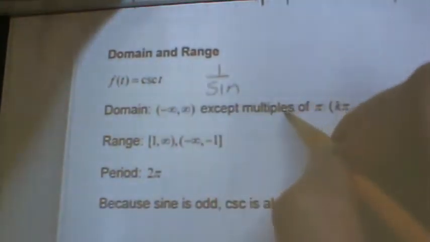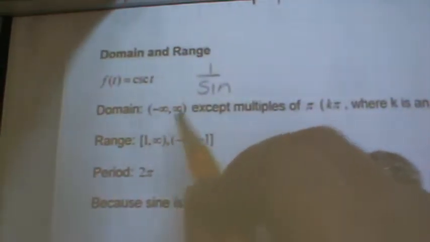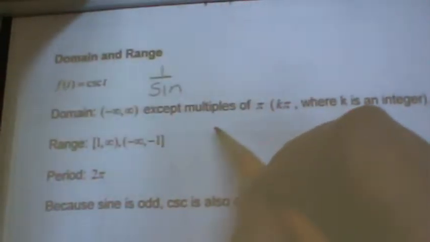Now here's some information for you. The cosecant curve is 1 over sine. Now, what did you notice about the domain? The domain was all real numbers for the cosecant except multiples of pi. Let's look at it on this page here.